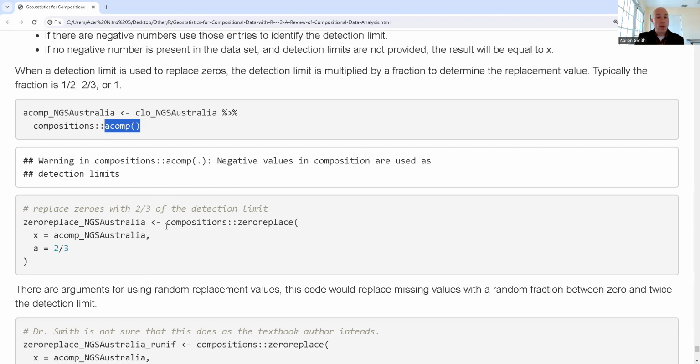So this sets up the detection limit aspect on the composition data, and then the zero replace function is the one that actually goes in and does the replacements. A is our scalar value, and so you can see that 2/3 here. So by default, if I have a 0 or a missing value or below detection limit value, it's going to take the detection limit, multiply by 2/3. That's the value that gets imputed.